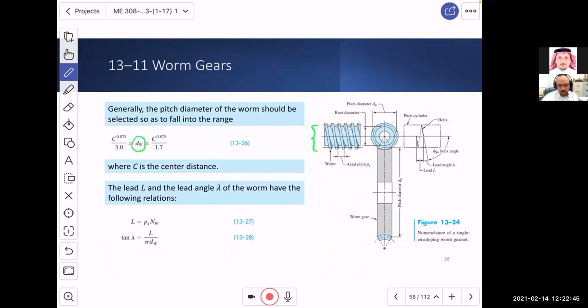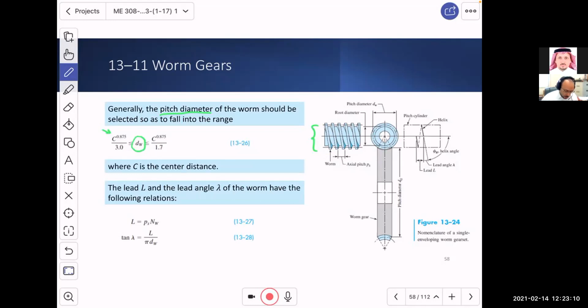So dW is the pitch diameter for the worm, which falls in the range between c to the power 0.875 divided by 3 and c to the power 0.875 divided by 1.7, where c is the center distance.